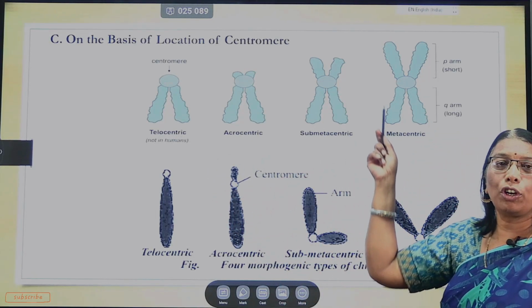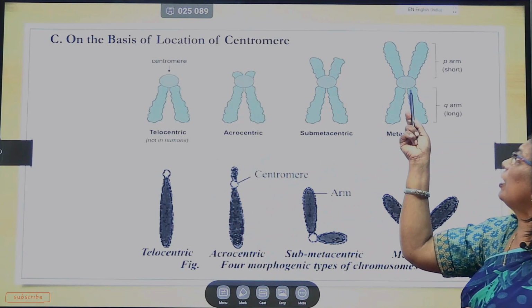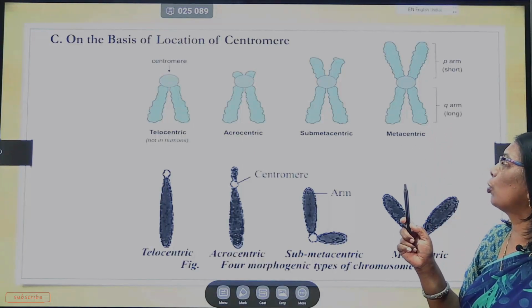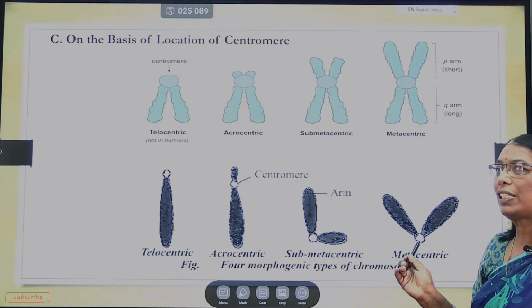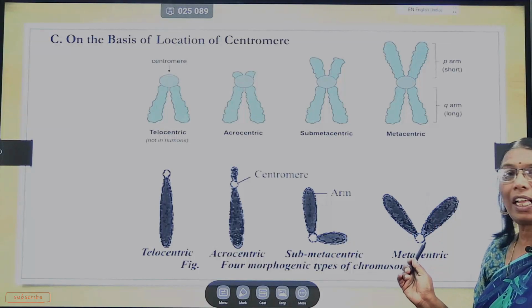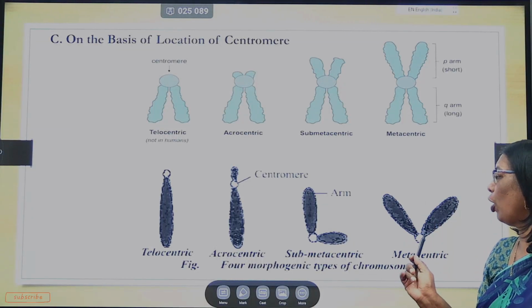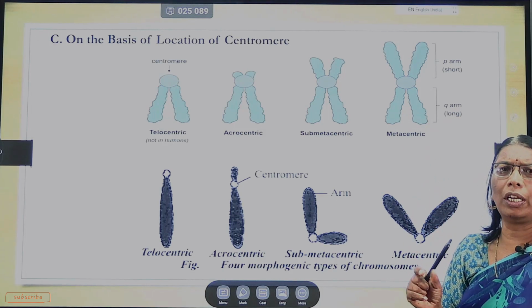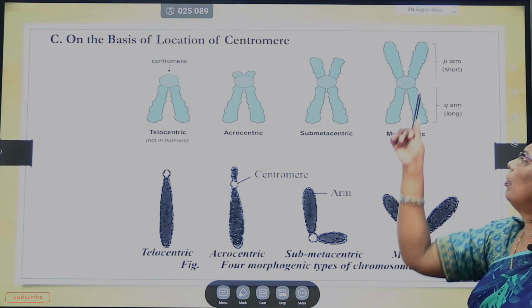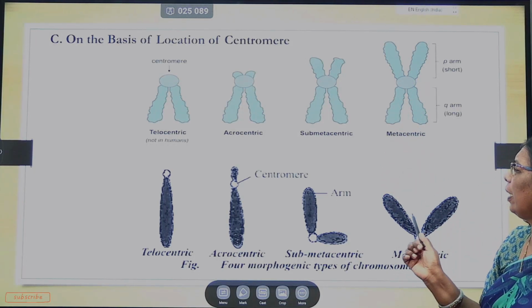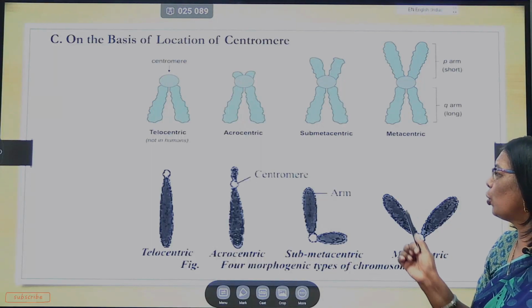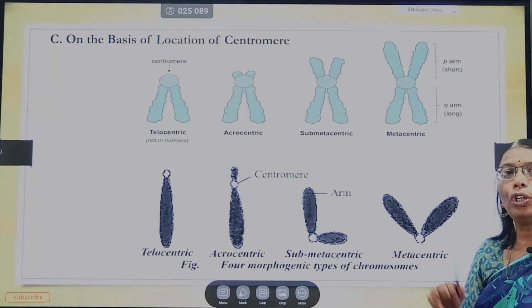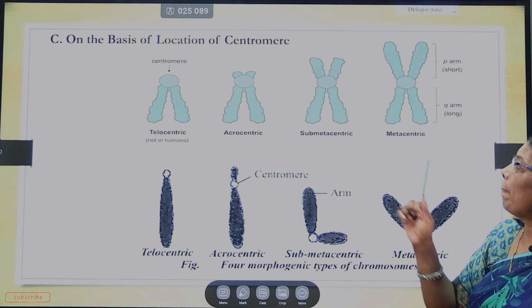Metacentric means the centromere is present at the middle position of that chromosome, and therefore during anaphasic movement, these chromosomes appear V-shaped, because the centromere is at the middle position and the two arms have equal length. Therefore, they show the V-shaped appearance during anaphasic movement.